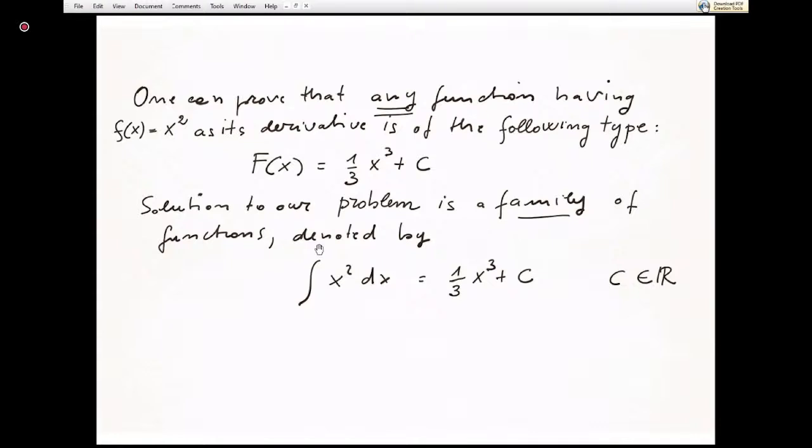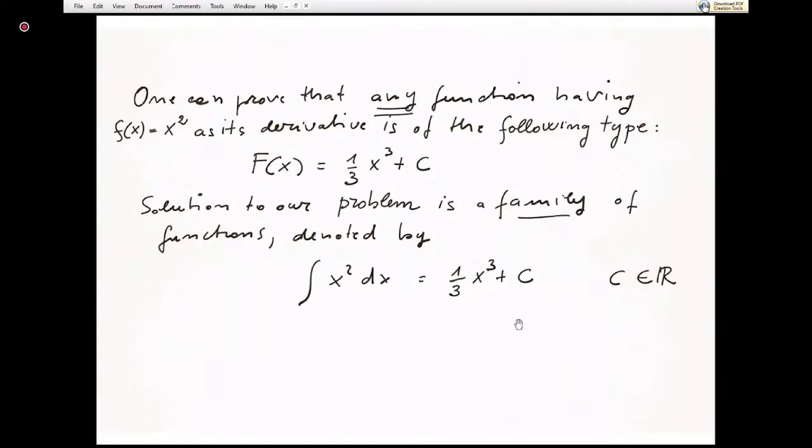So this denotes a set of functions, a family of functions. When you write that the integral of x squared dx is equal to 1/3 x to the power of 3 plus a constant, we are just saying that the family of functions having x squared as its derivative is equal to this basic function, 1/3 x to the power of 3, plus any constant.